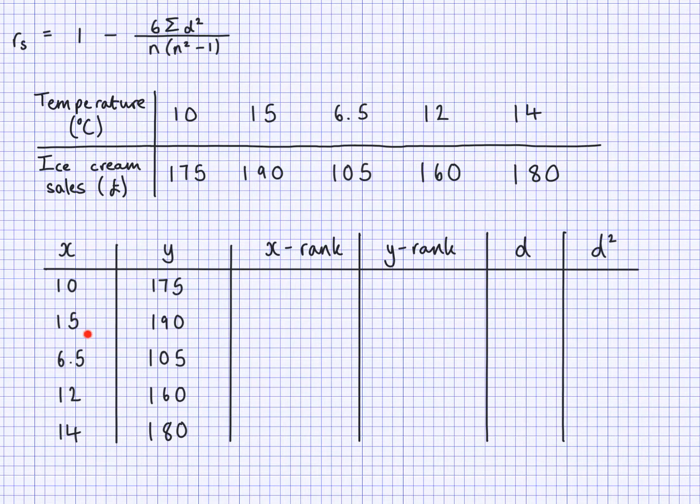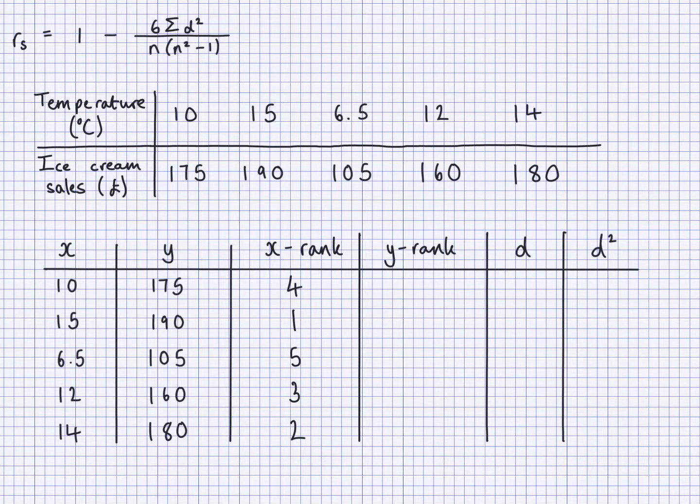So I can see the highest value here is 15, so that's going to be ranked 1. 14 is next, so that's rank 2. Then we have 12, so that's rank 3. Then it's 10, that's rank 4. And then it's 6.5, which is ranked 5. So I've got 5 things there, and these are the rankings here.